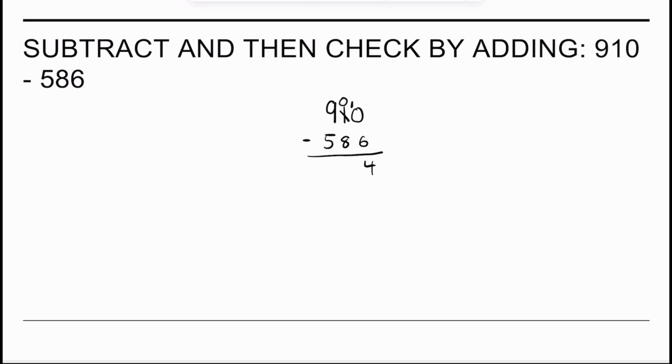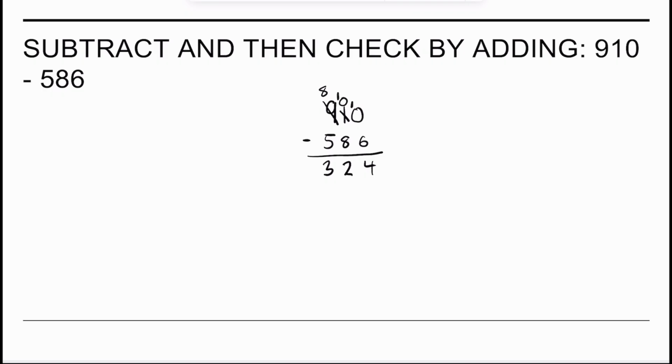Then we have 0 minus 8, well again we can't do that, so we borrow from the next one to the left, and we end up with 8 here, and then we borrow 1 to the next place, so we get 10, so 10 minus 8 is 2, then 8 minus 5 is 3.